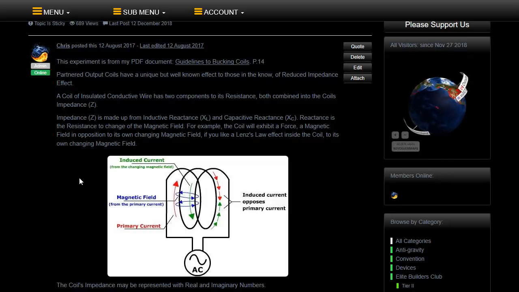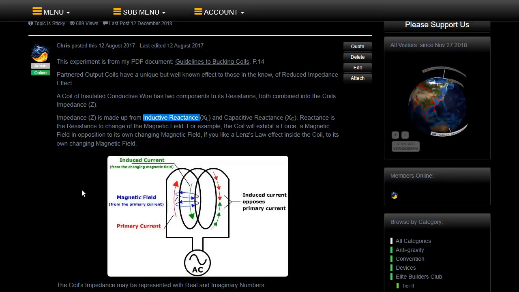Now, if you can change the resistance in the coil, and remember what I'm talking about is the impedance, not the resistance as such. So it's the reactance, how the coil can react to the current changing. If there's a high opposing back EMF, then the coil itself will have a high reactance, which is the impedance.